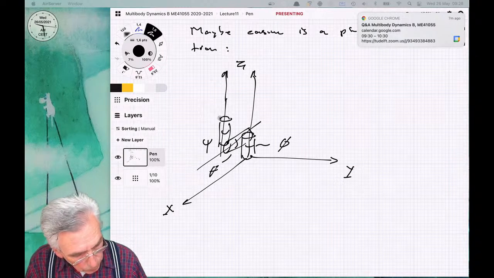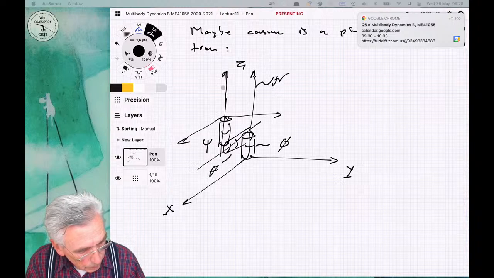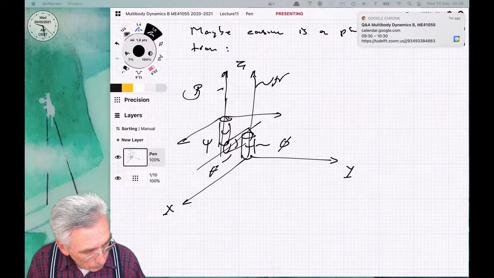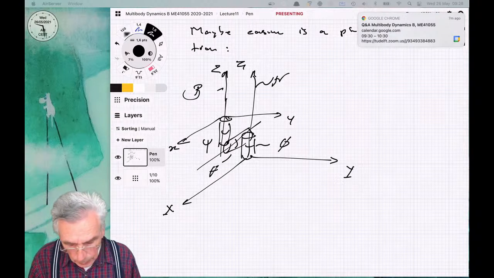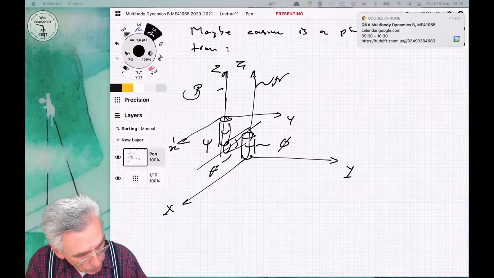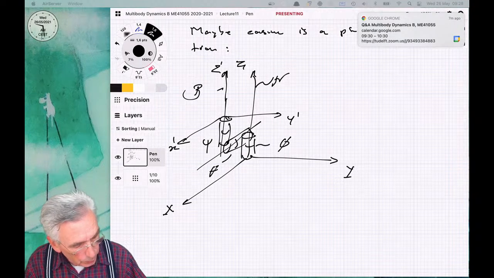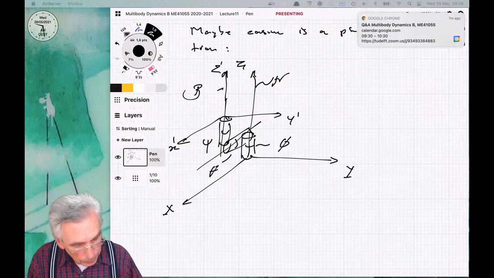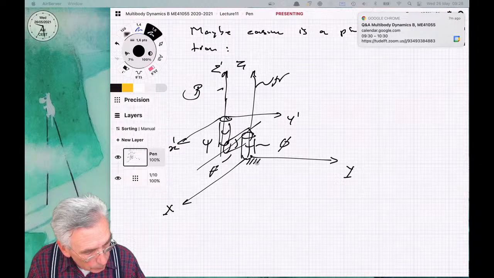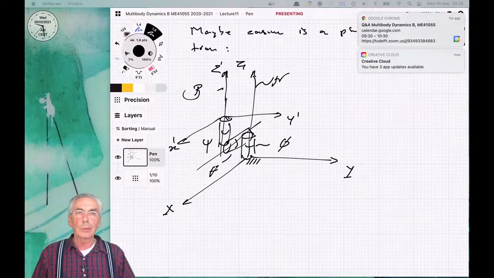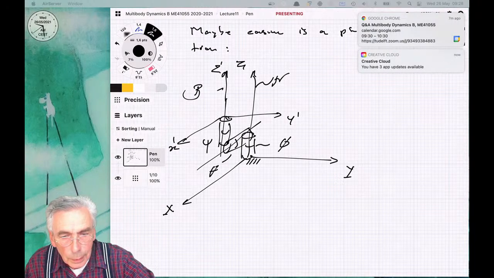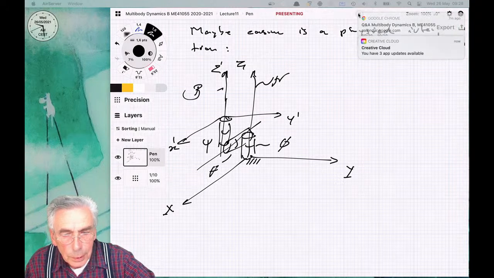Okay, let's put the coordinate system there. This was inertial, this was body, x, y, and z. And I usually write this to say, well, we start from the inertial frame.